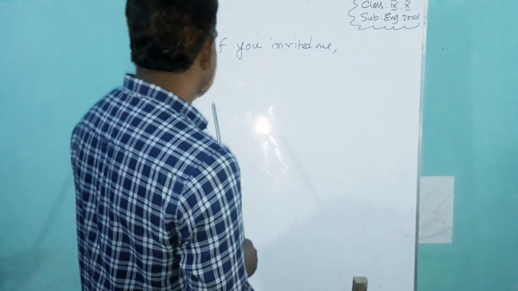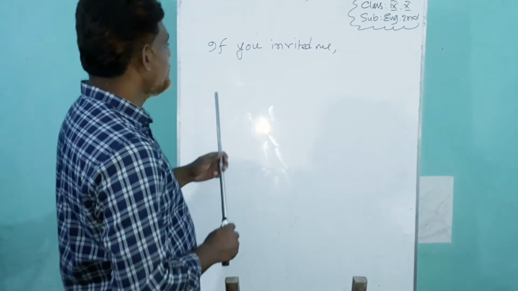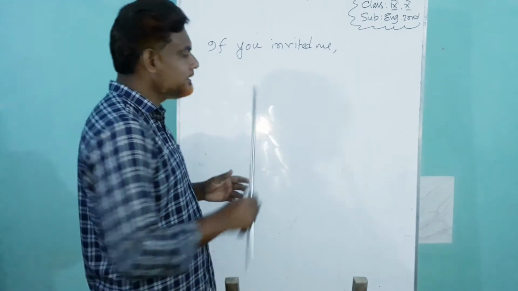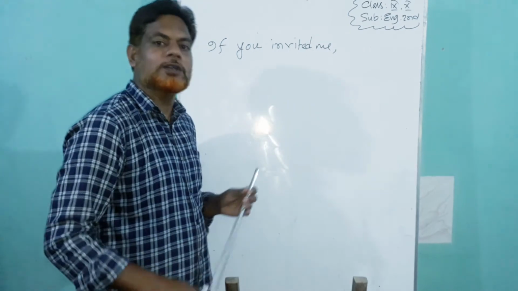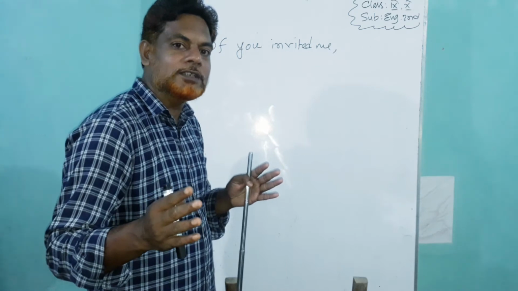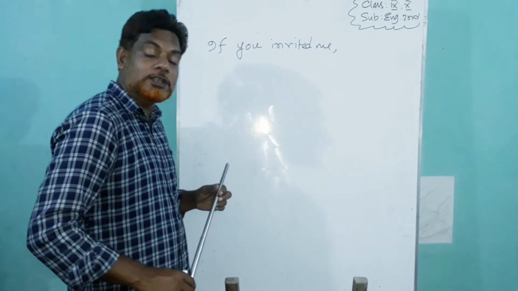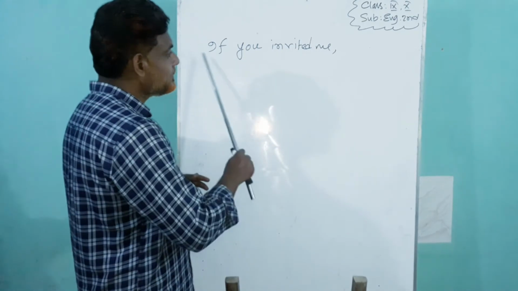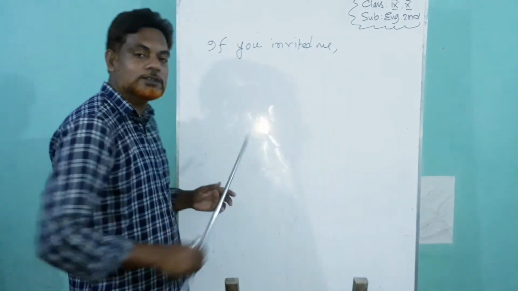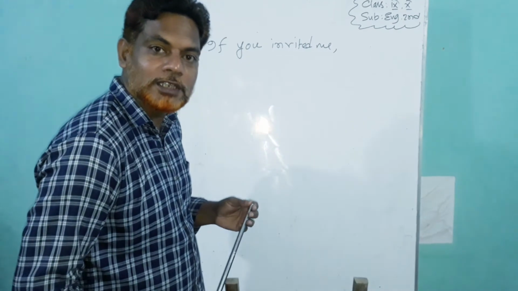Look at the example. If you invited me. In this example, there is a subordinate clause. How can we identify that this part is a subordinate clause? Because we know a subordinate clause starts with a subordinating conjunction. You can see there is a subordinating conjunction. If is a subordinating conjunction, and this clause has started with a subordinating conjunction, that's why this part is a subordinate clause.